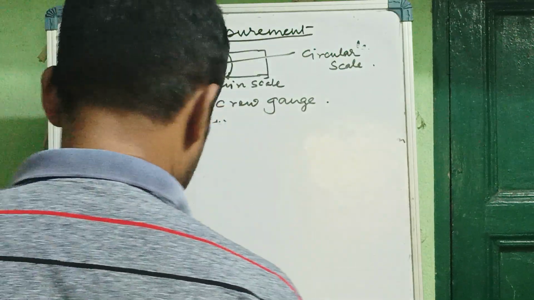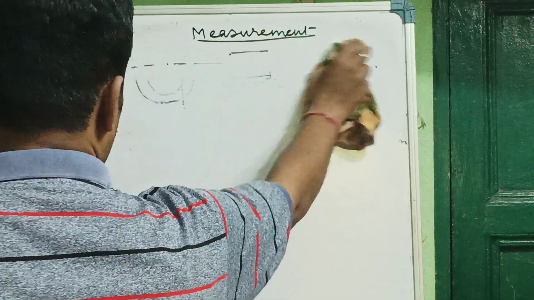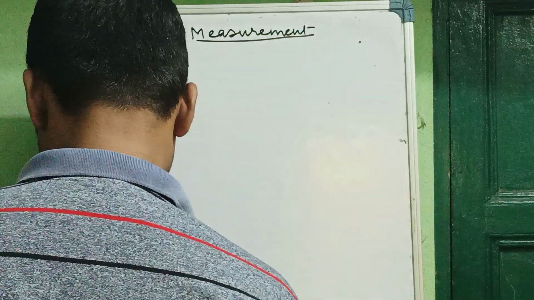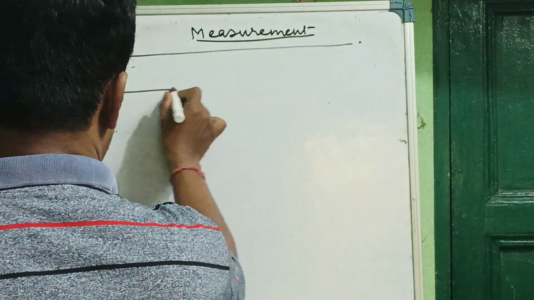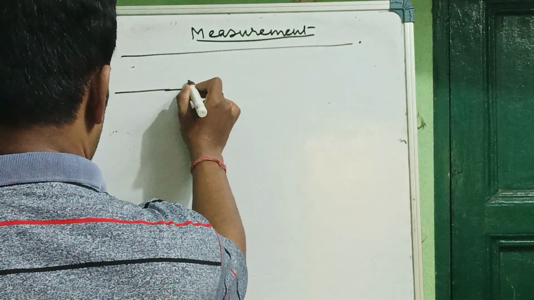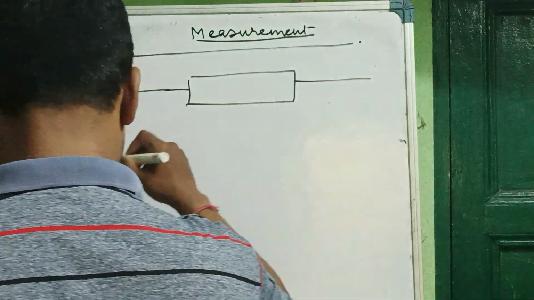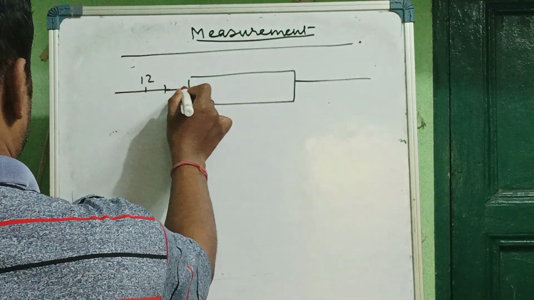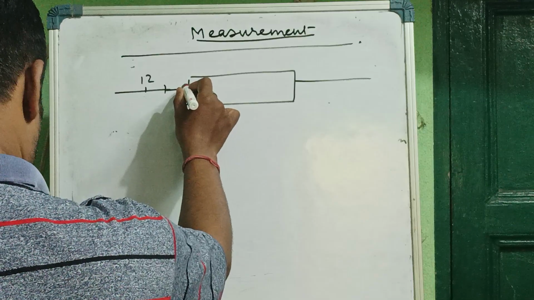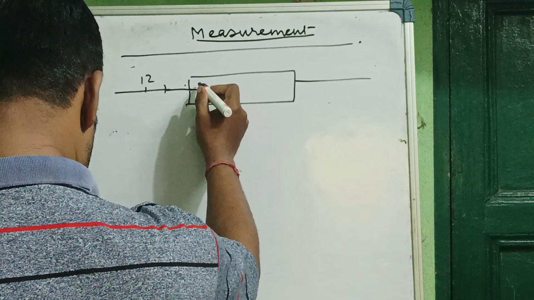Let's take a numerical to clarify. Suppose this is the main scale and this is a Vernier scale. Here 1, 2, and this is 0.